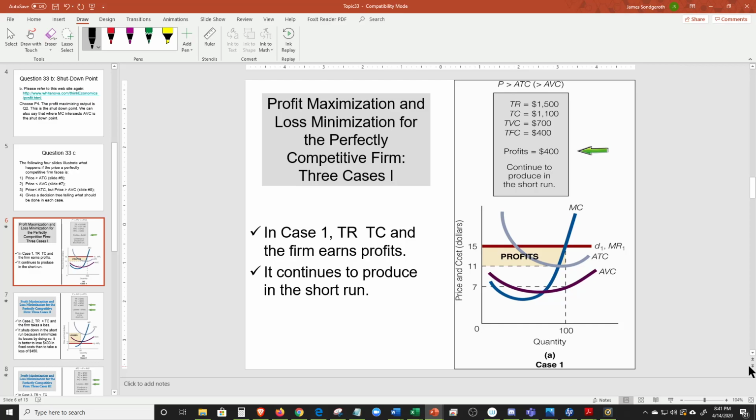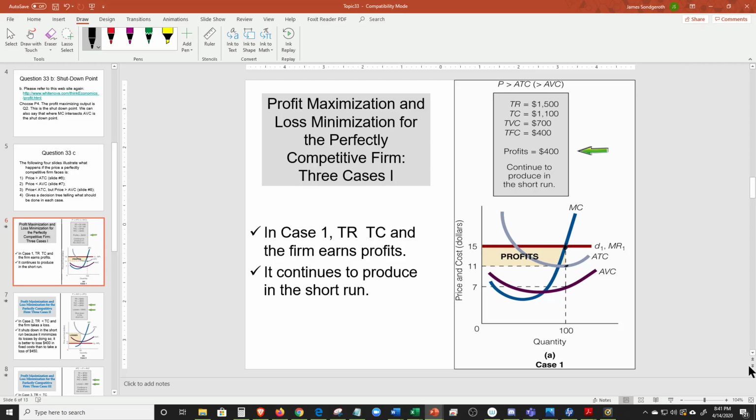So let's take a look at, so the firm definitely produces here. And the fixed cost, by the way, is the difference between the average variable and average total cost times the output.